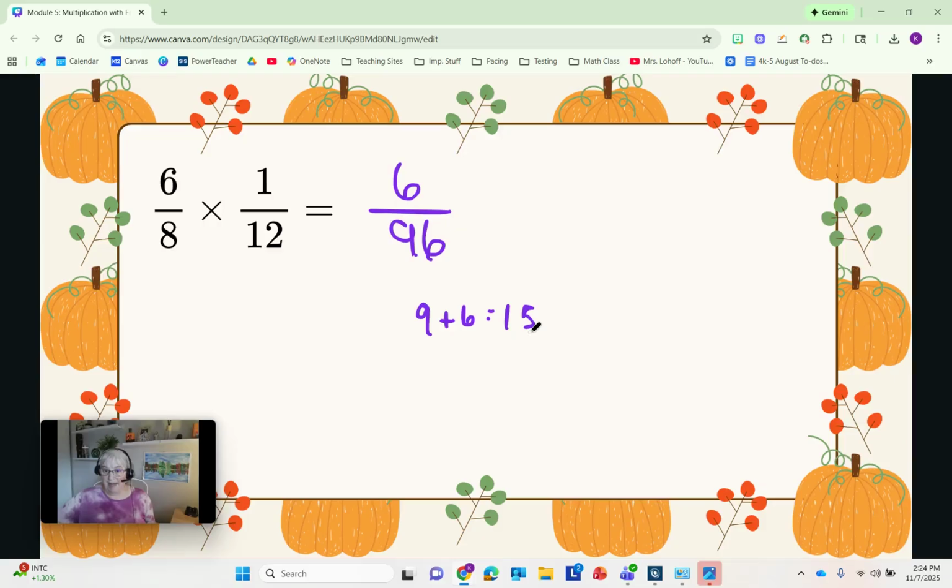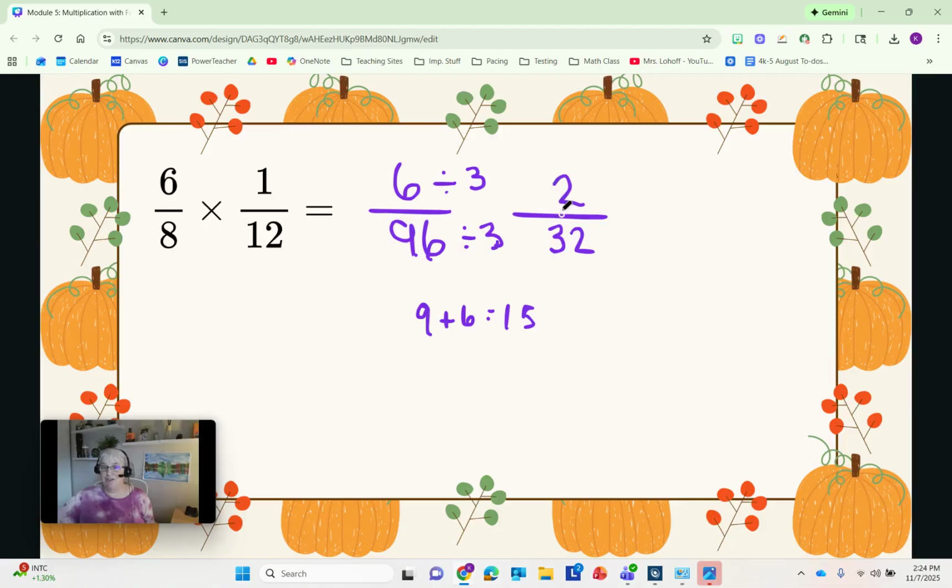And I can divide 15 by 3, so I know I can divide 96 by 3, and I know I can divide 6 by 3. That's a little trick for dividing by 3s. So here we go. 6 divided by 3 is 2. 96 divided by 3 is 32.